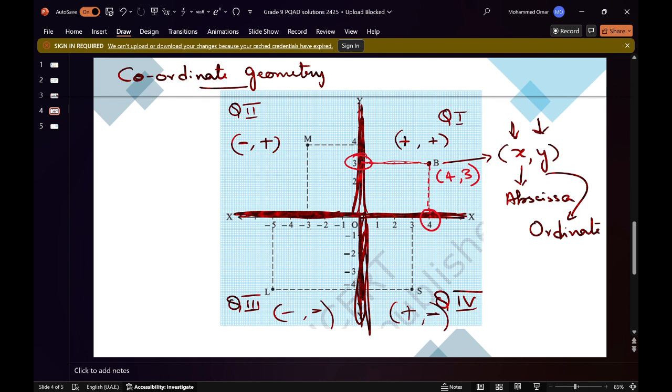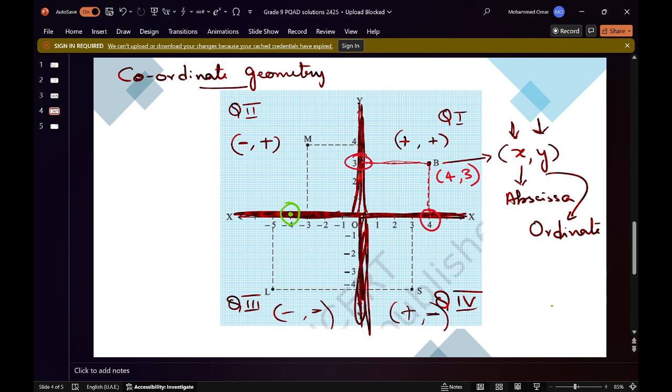Here, let us say you have a point on the axis itself. The concept is the same, and the order of finding the coordinates is also the same. What is it? First draw a perpendicular line onto the x-axis.